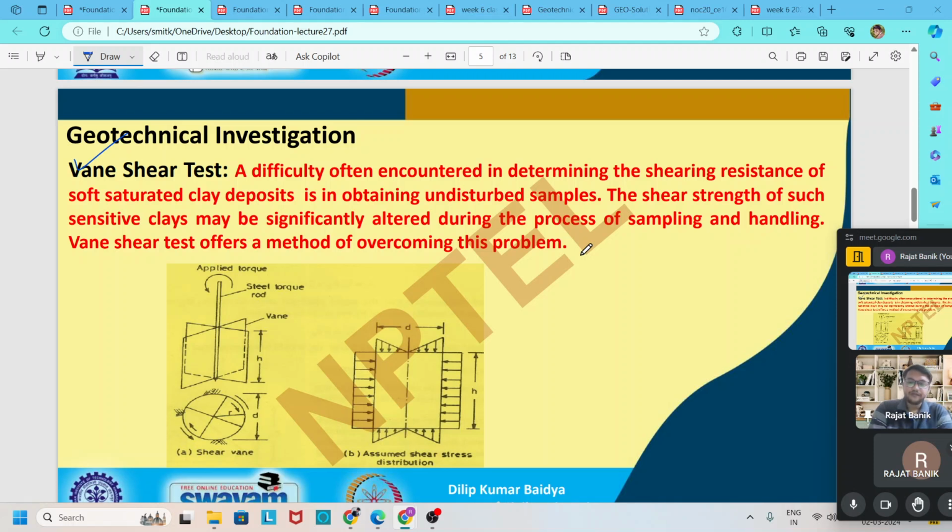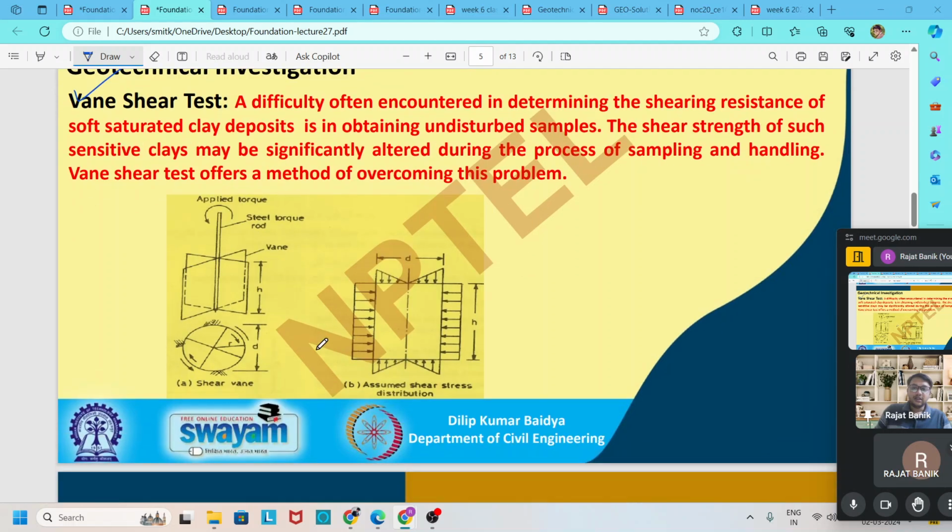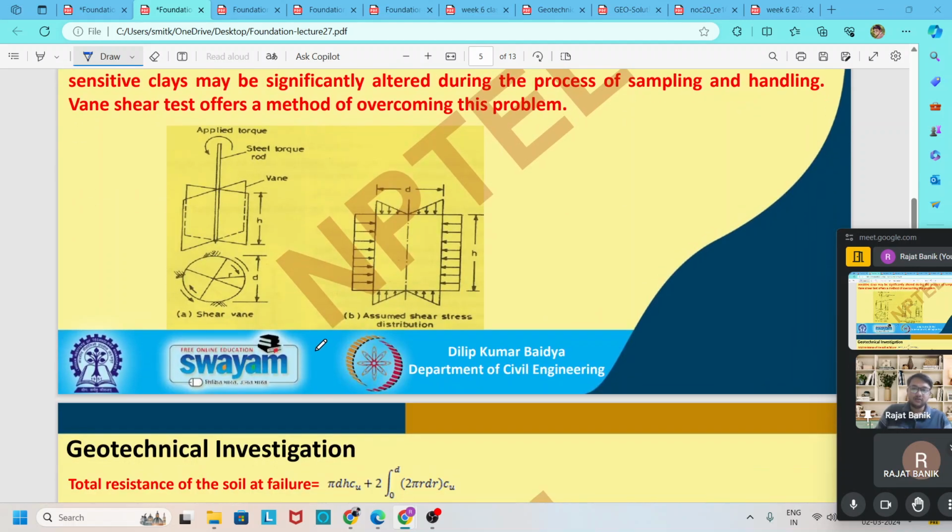So a vane with blades is used for finding out the shear resistance. You push it into the ground where you want to find the shear resistance and apply torque. We measure how much torque is required to fail the soil, and we record it, and then by using some formulas we find out the shear cohesion of this type of soil.